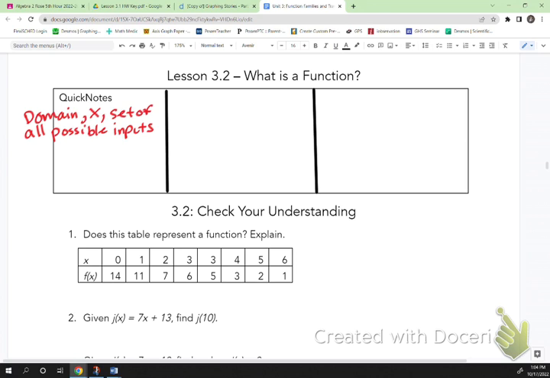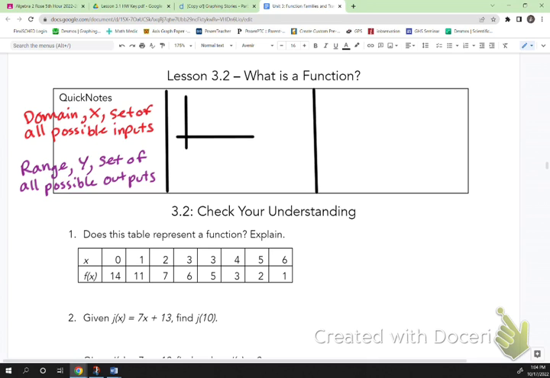That's what domain is. Range is y, and it's the set of all possible outputs.